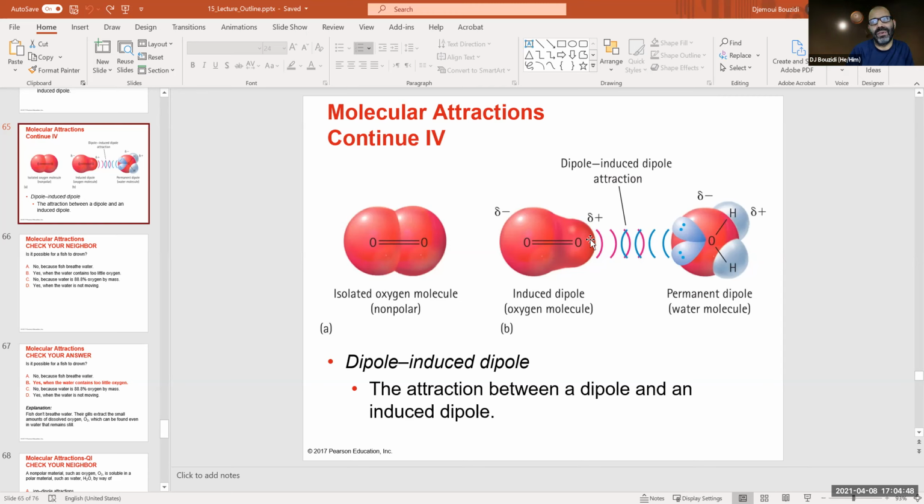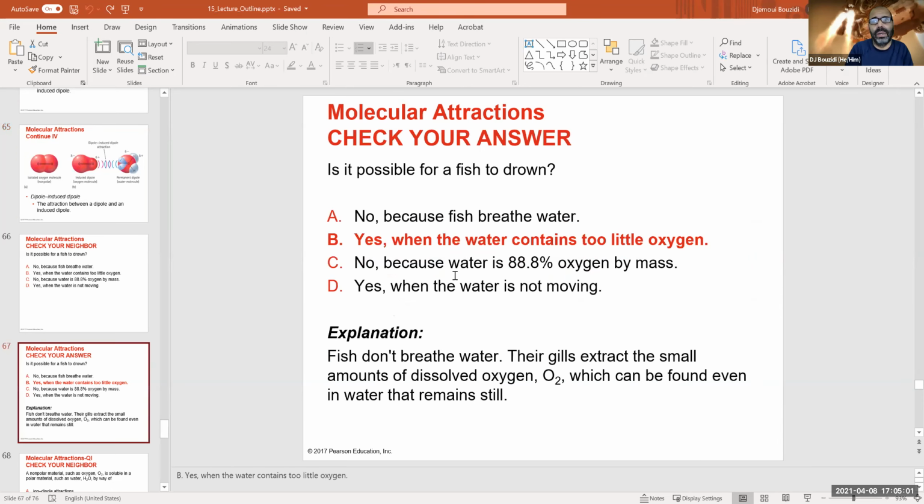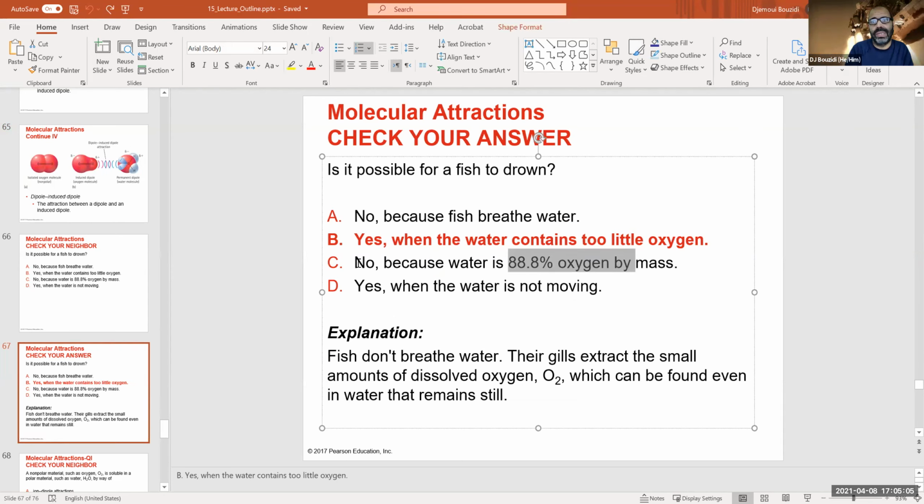That is not the case. It's because of the oxygen that gets stuck through this dipole-induced dipole interaction that is being used. It uses O2, so it's not really going to use the other one, okay? So this is not true. So C is not correct, okay?